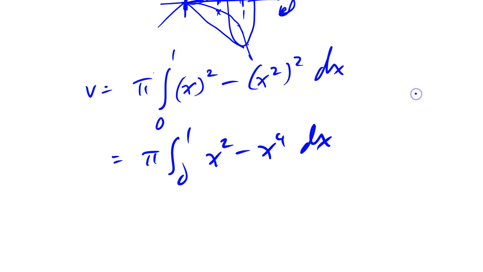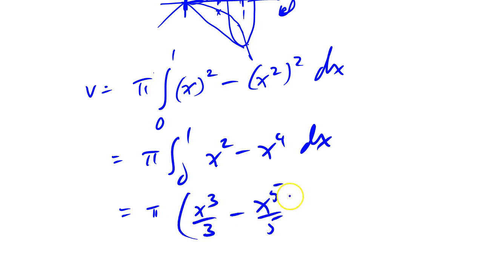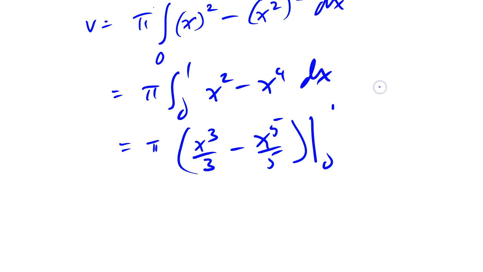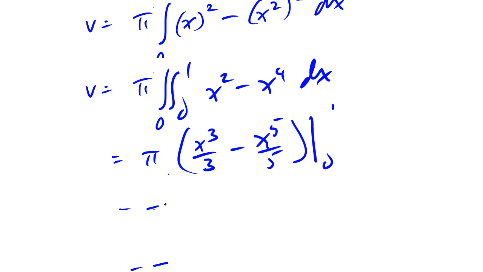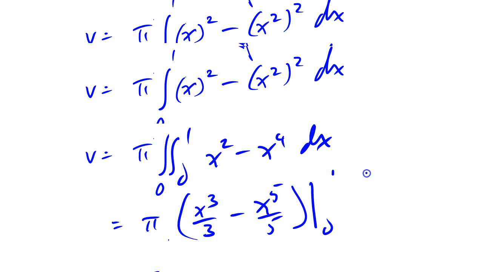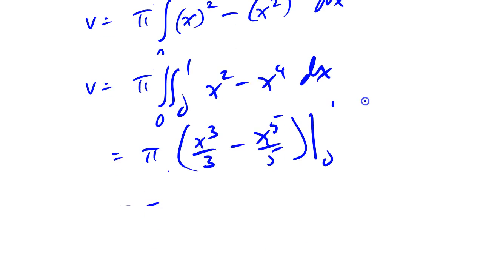This is something that I can probably do by hand, so I will. Pi times x cubed over 3 minus x to the 5th over 5, all of that evaluated between 0 and 1. Things are jumping around on me here. Let me see what's actually written on the screen.